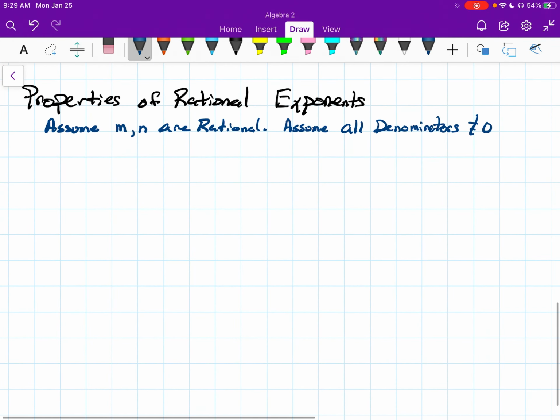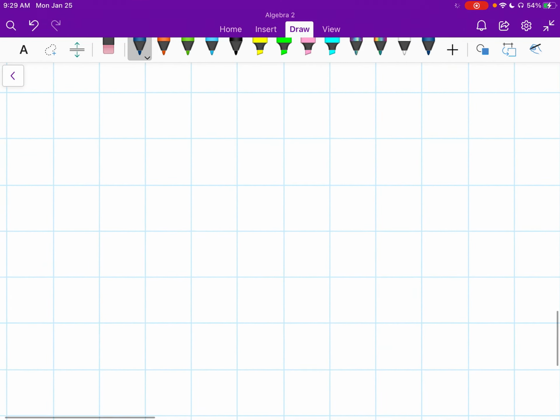Okay, those are assumptions that we normally would have if we see a fraction, right? Normally you just think of it as, well, the denominator is not 0, but we want to make sure that we write it.